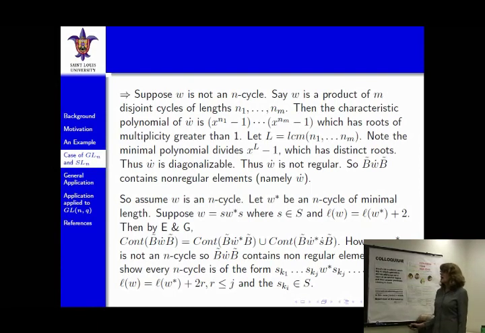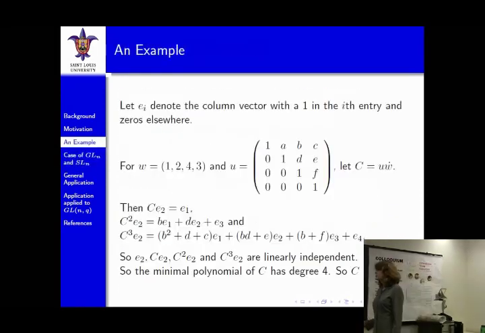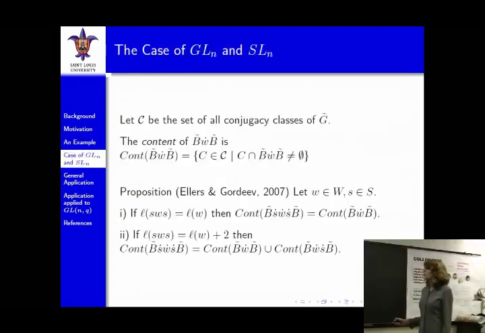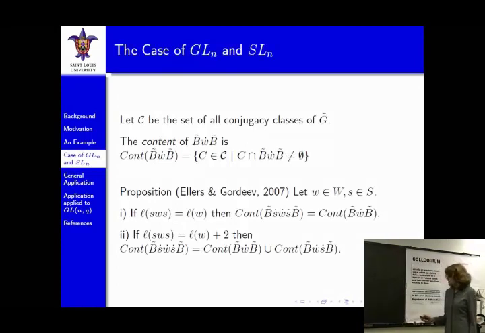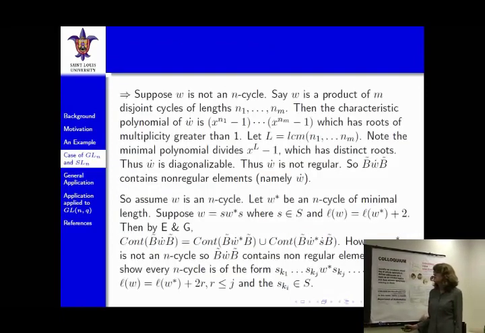All right, so now suppose that we have something that's an n cycle, but it's not of minimal length. Well, then you're going to use this Ehlers and Gordev proposition. W star is an n cycle of minimal length.